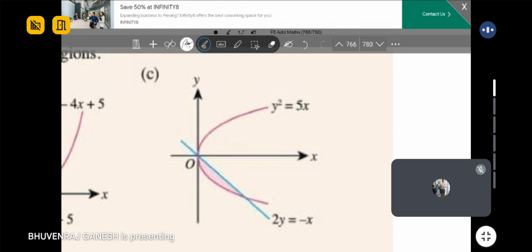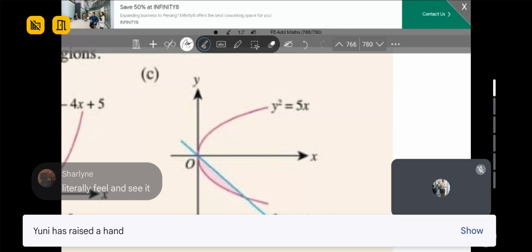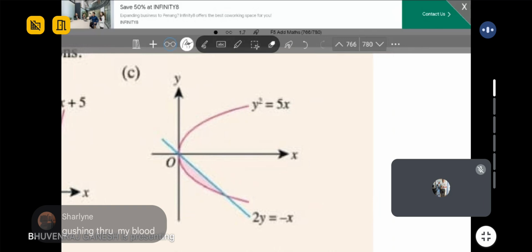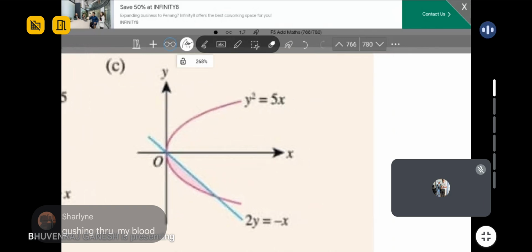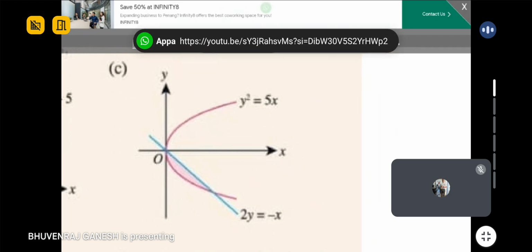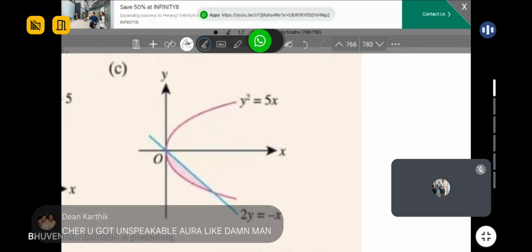Anyone else here feel the aura? Siapa boleh rasa aura through the screen? So I can feel it through my veins, sir. How? I don't know. I just teach like normal only. What? Why you like so distinct? Guys, you overreacting, right? Dah terlebih-lebih ni, I think. Too much already. But never mind. I take it as a compliment. You got unspeakable aura.